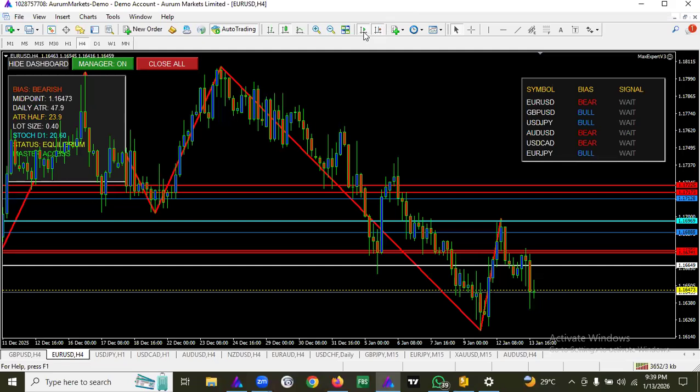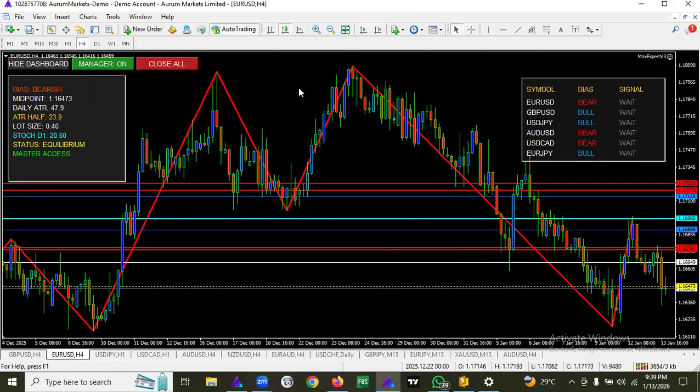I don't think I have 100% knowledge of some of this information. I understand that the daily bias is bearish, and the timer, the clock.